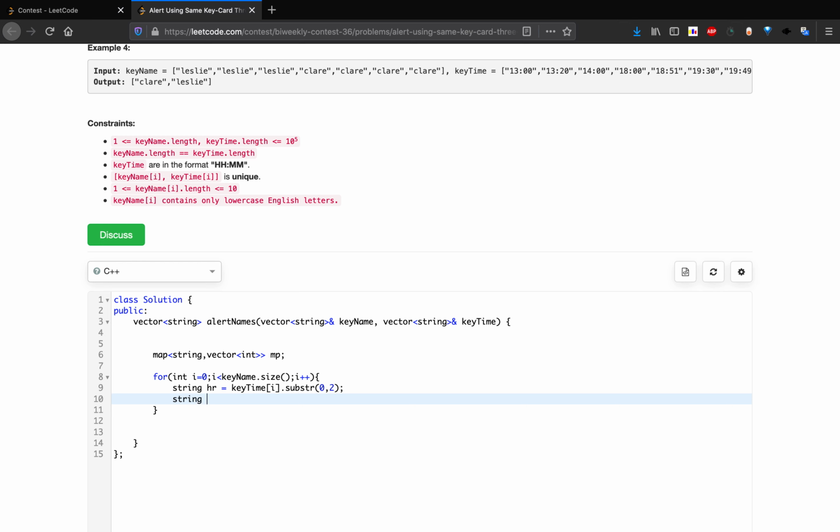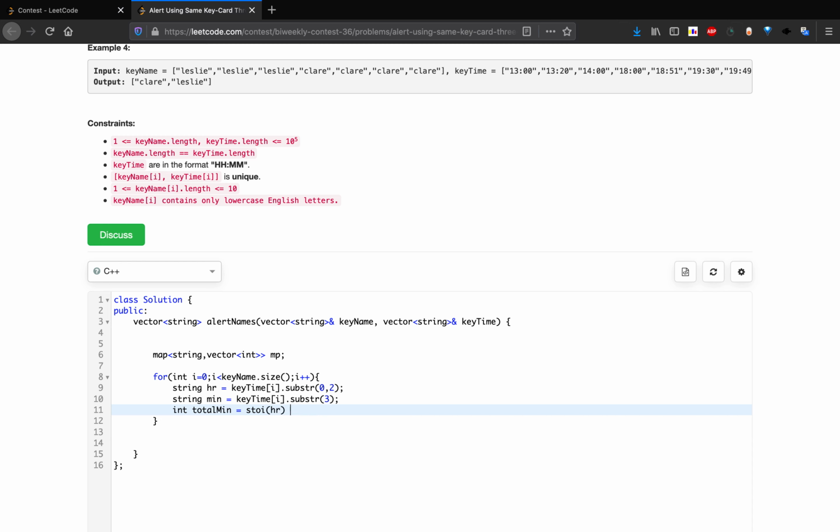And we just have to extract our minute hand, so it will be substr from 3 to the end of the string. In total, minute will be stoi, which is the string to integer function.